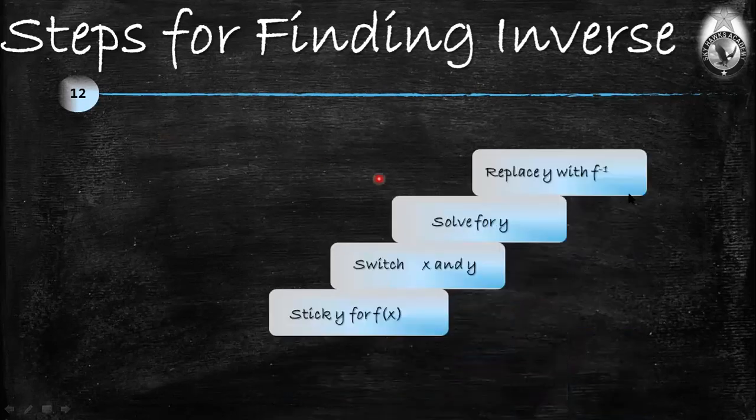Anyhow, so these are the steps. First step: replace f(x) with y. Solve for y. I will do that in the exercise in the next lesson. Switch x and y. So we'll have to change this. Then replace y with f inverse of x.